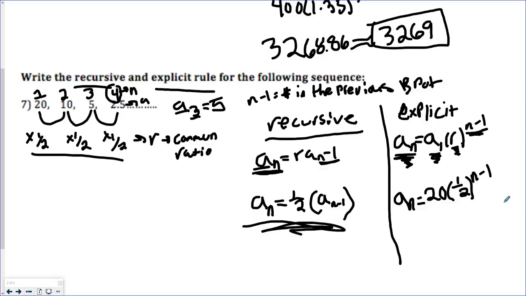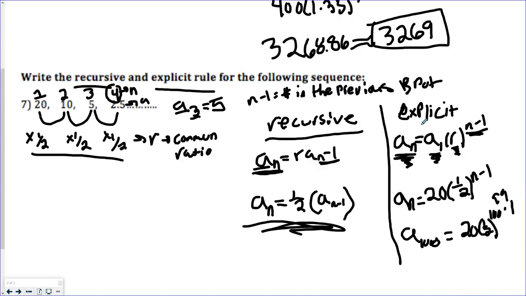So if I wanted the 100th number, I would say, okay, find me a sub 100. Find me the 100th number. What I would do is I would take 20 times a half to 100 minus 1. So I would do 100 minus 1 is 99. I would do 1/2 to the 99th power, times it by 20, and that would give me the 100th number. I wouldn't have to do this 99 times. I would already know what it is given the explicit rule here.